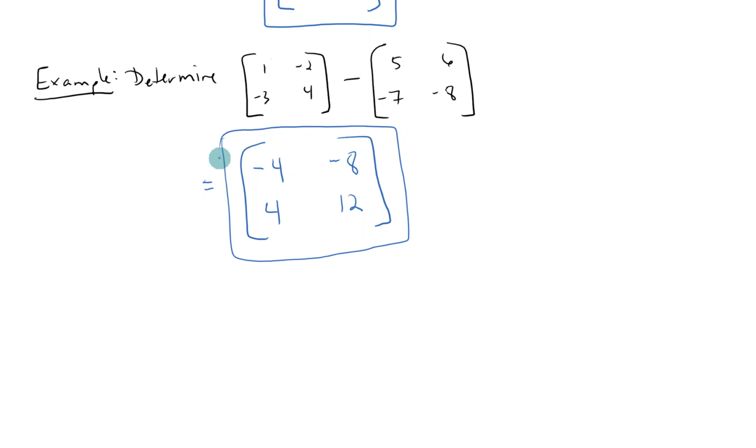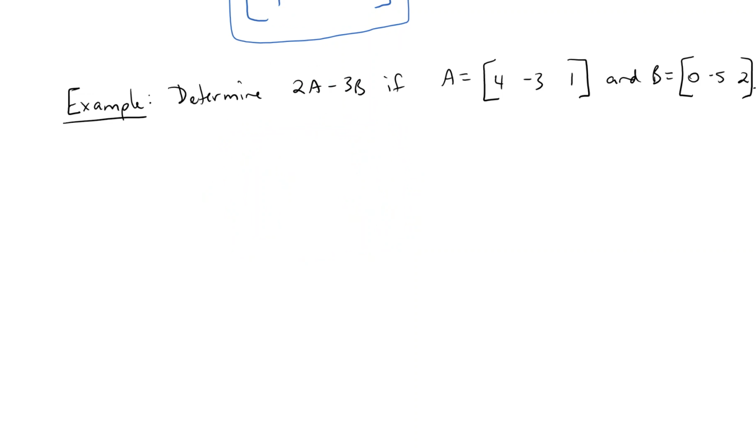Let's look at another example involving some scalar multiplication as well. Okay, so here we need to determine 2A minus 3B if matrix A is given here and matrix B is given here, okay? So we need to figure out 2A minus 3B.